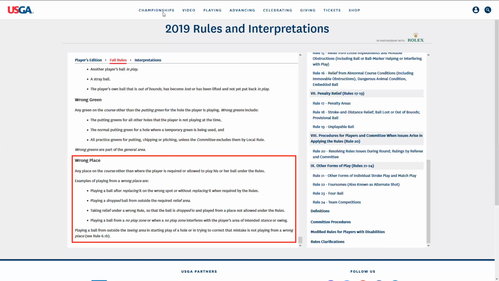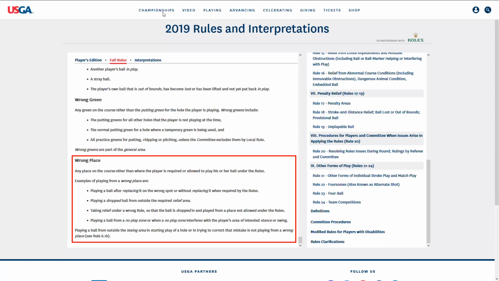And then the caveat at the bottom: playing a ball from outside the teeing area in starting the play of a hole, or in trying to correct that mistake, is not playing from a wrong place. There's a reference to 6.1b. Why is that there? The reason is in stroke play, it isn't going to make any difference, because the minute you play outside the teeing area, which is what 6.1b is, you're going to have to correct it.